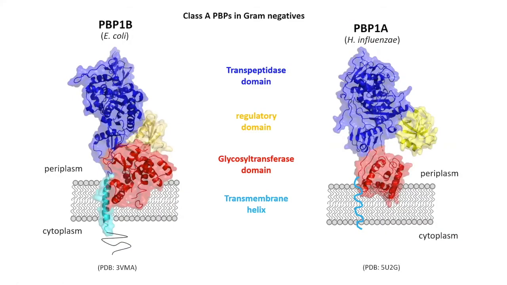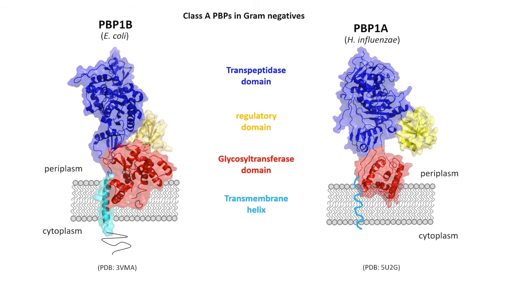So the proteins that we're interested in inhibiting are class A PBPs, which can catalyze both glycosyltransferase and transpeptidase reactions. And we are interested in gram-negative enzymes. In these organisms, class A PBPs are anchored to the cell membrane by a transmembrane helix, and they contain a regulatory domain in between the two catalytic domains.